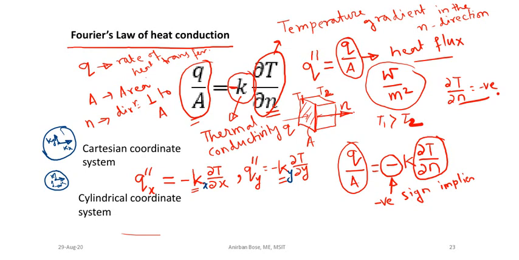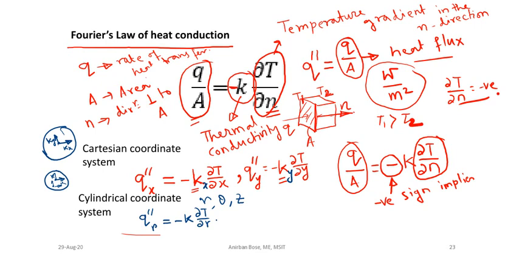Now for the cylindrical coordinate, what are the different directions? You know, r, theta and z. Heat flux in the r direction is equal to minus K into del T del r.